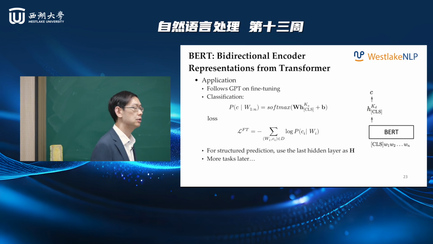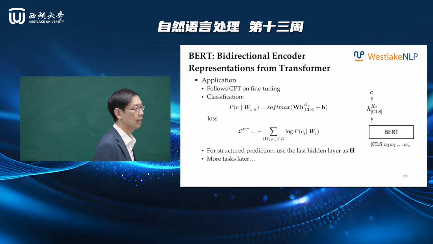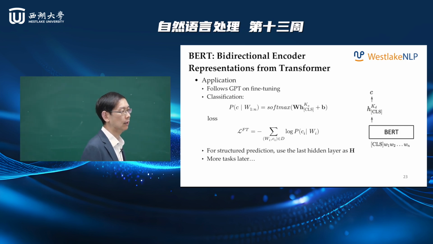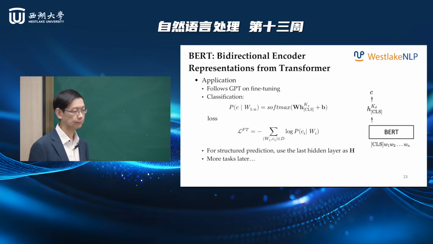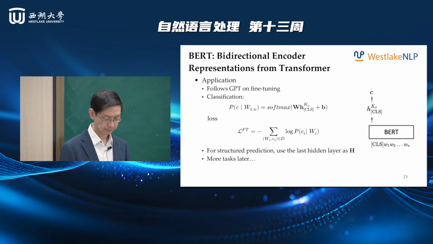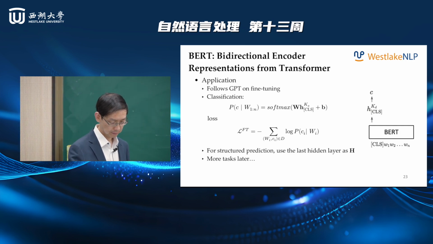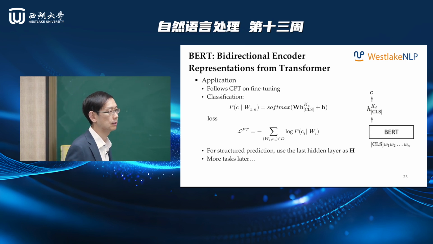You just connect an output layer to BERT. Then when you train the model using the classifier data, you fine-tune the whole BERT parameters. That can be a large neural network. I will show you how to use BERT for different NLP tasks later, but just get the idea of fine-tuning.